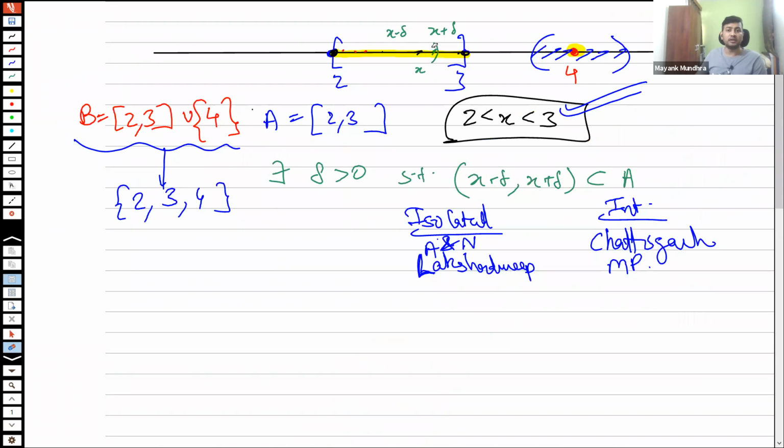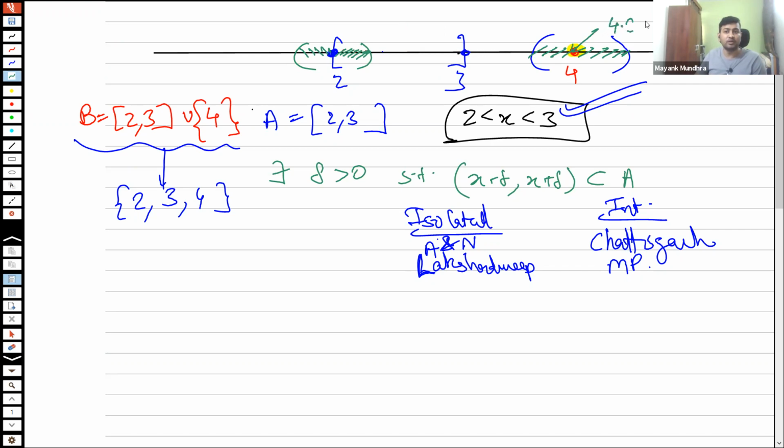So let me erase this thing completely and let's focus on the boundary points 2 and 3. If you construct any interval here, the right parts are inside the set, the left parts are outside the set. Similarly, if you construct any interval around 4, it is also a boundary point, because all these points are outside the set except point 4.